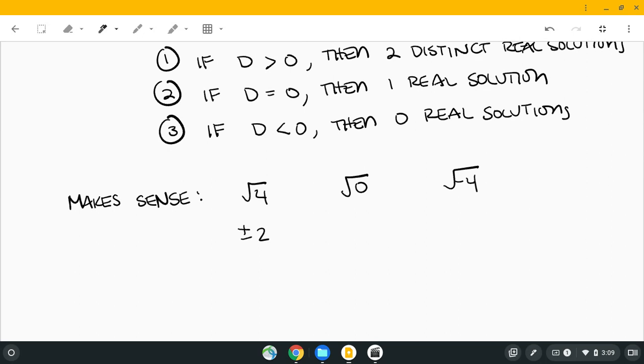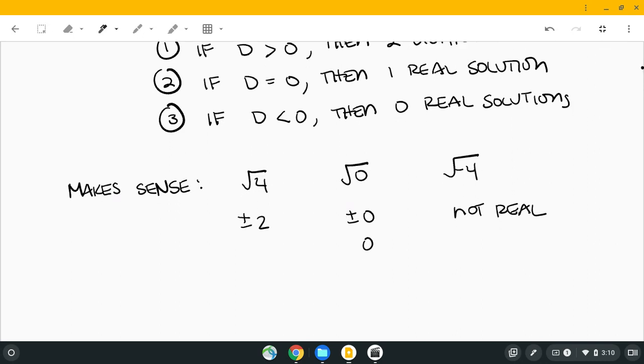If you have 0, then you get plus minus 0, but that's the same as just saying 0, so that's just one solution. And if you have a square root of negative 4, then you don't have a real solution here, because square root of negative 4 is imaginary.